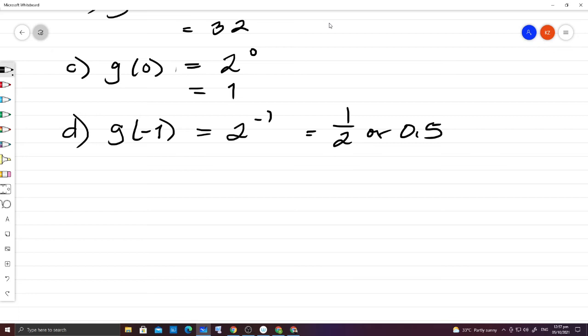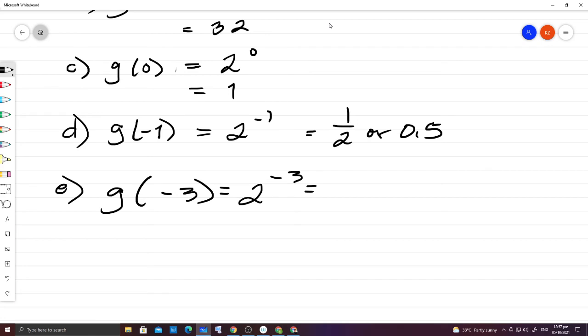Next, letter E. G of negative 3. Sorry, 2 to the power of negative 3. Nacha, what is the answer? 2 to the power of 8?